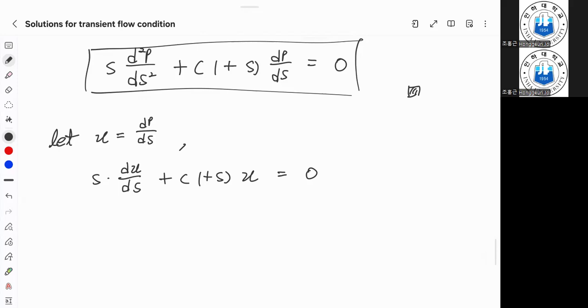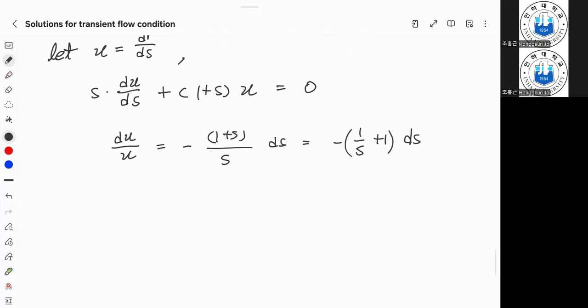And we have to reorganize it to separate the variables. So we want to have all the u variables on the left-hand side and all the s variables on the right-hand side. Then we will have du over u is equal to minus 1 plus s over s ds. This can also be written as minus (1 over s plus 1) ds.